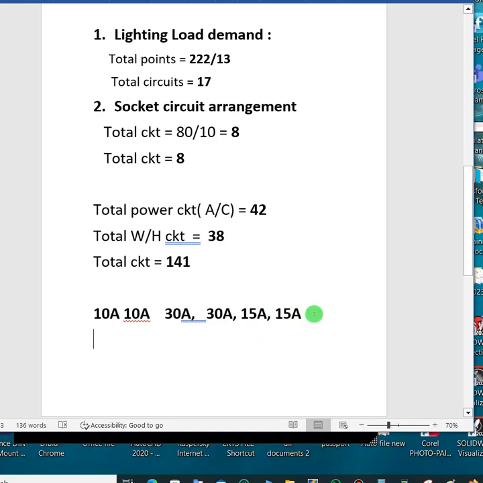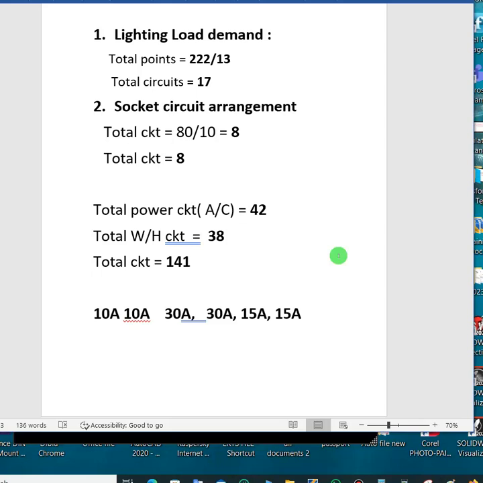All right. So the next exercise we are going to discuss is how to size our DB incomer and DB service cables, our central switchboard, our busbar system, and determine our voltage drop for each of the DBs, and then determine our generator sizing and our transformer sizing, and we will start applying our diversity factor.